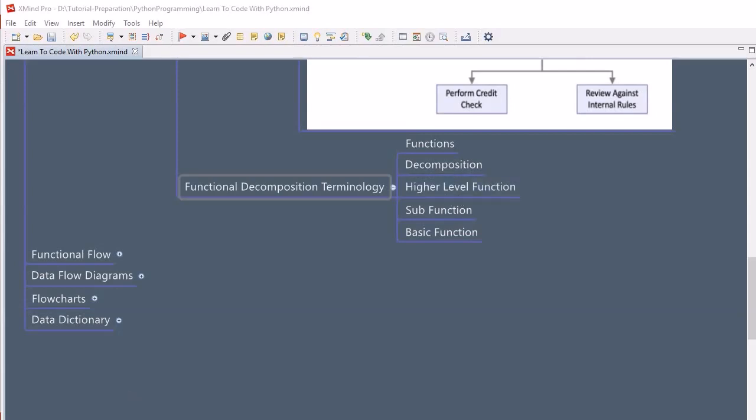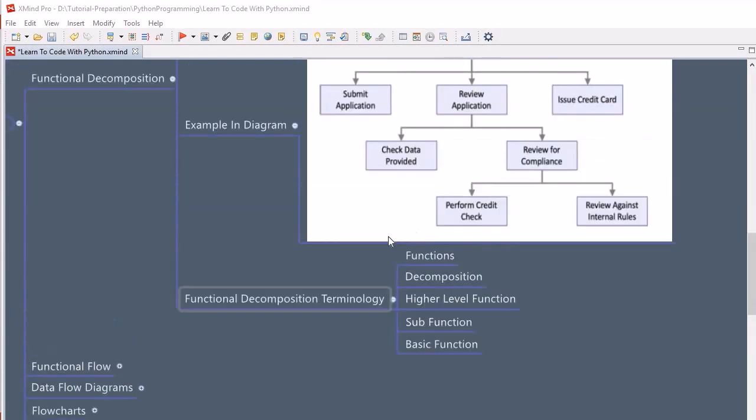This is a function that has one or more sub functions that depend on the functionality of the lower level function for its behavior. Now this gives us a further term called sub function. What does it mean? This is a function that provides some of the behavior of the higher level function. So let's look at an example.